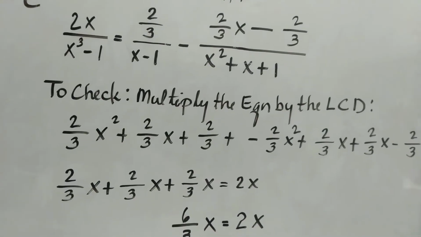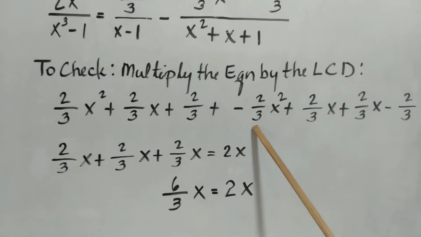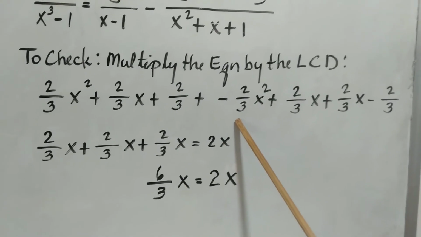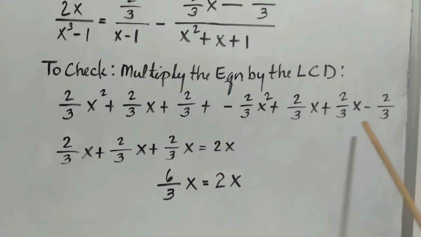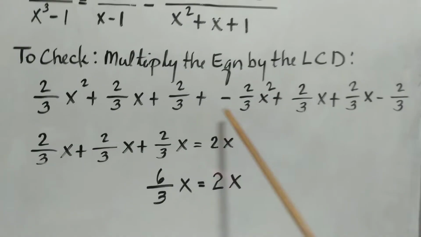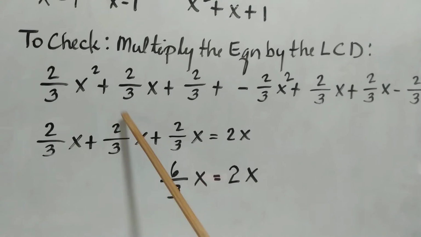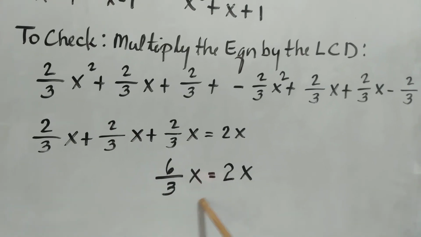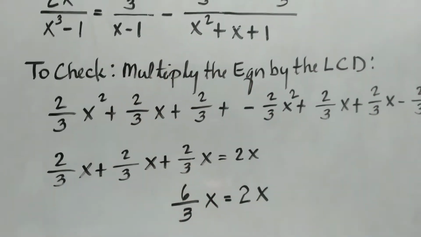So we cancel out 2/3 x squared and negative 2/3 x squared, and also 2/3 and minus 2/3. So we're going to get 2/3 x plus 2/3 x plus 2/3 x, so 6 over 3 x is equal to 2x. So they are equal. So our answer is correct.